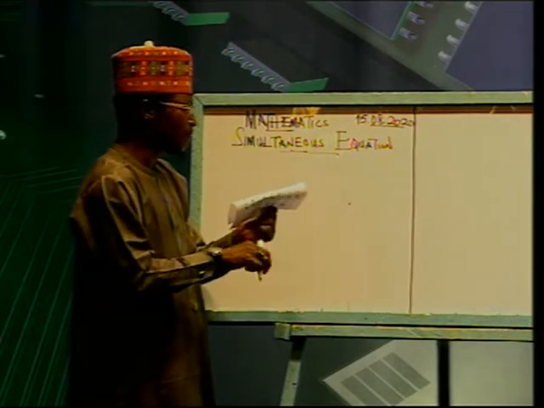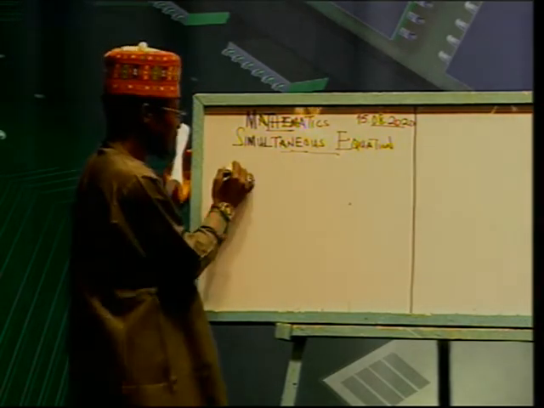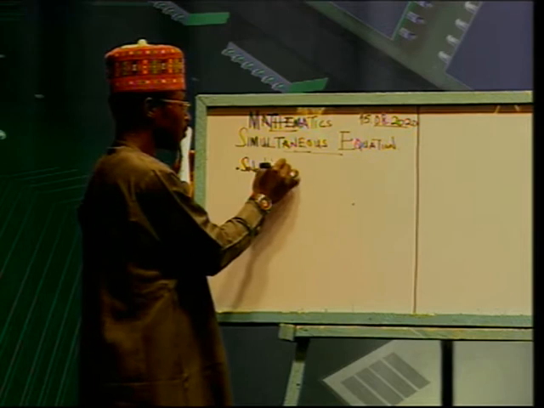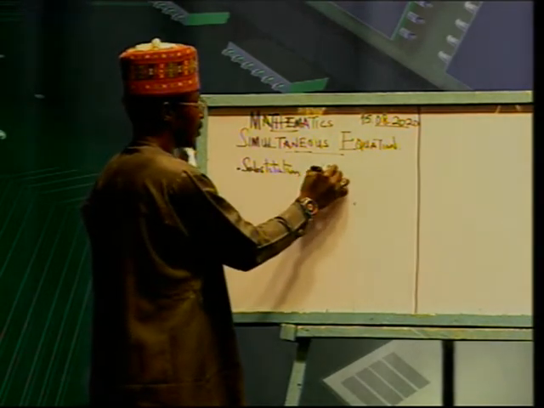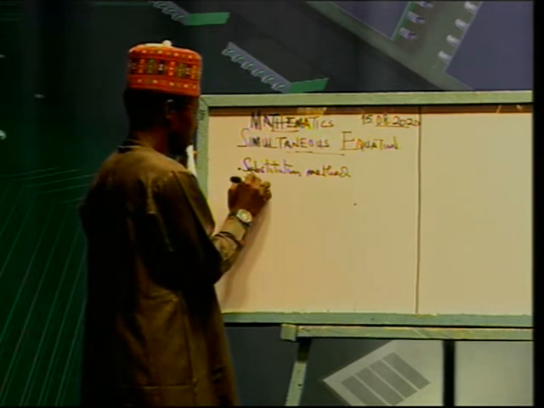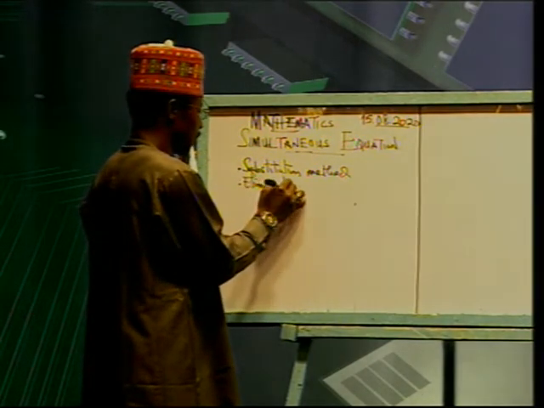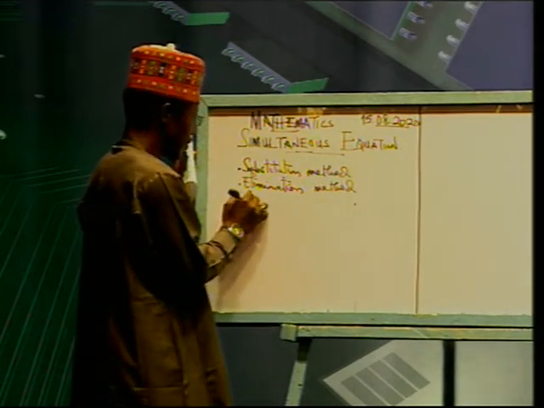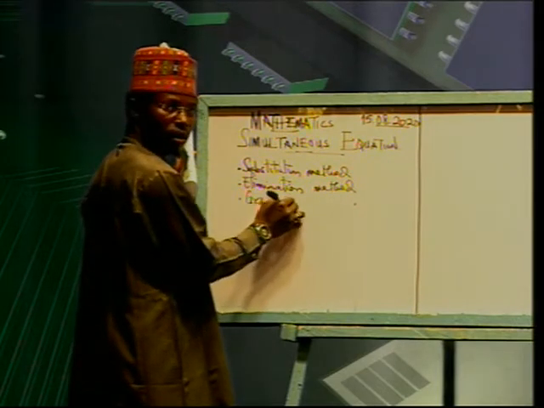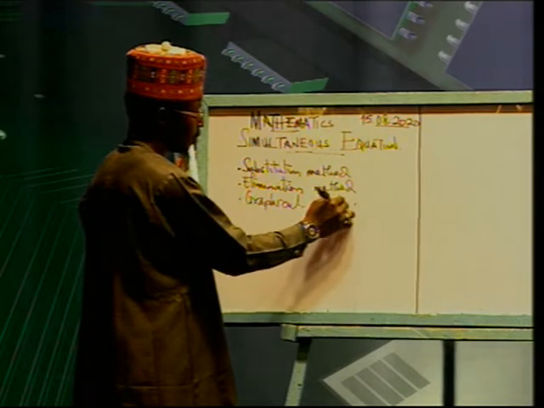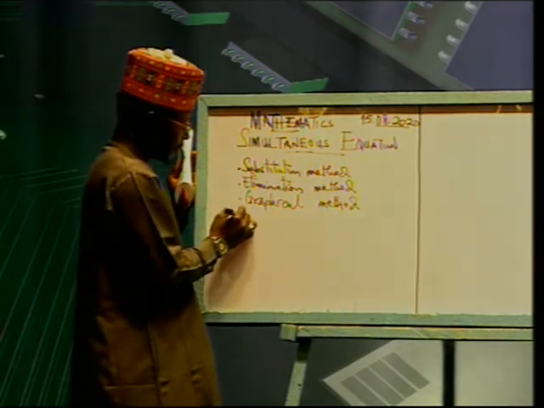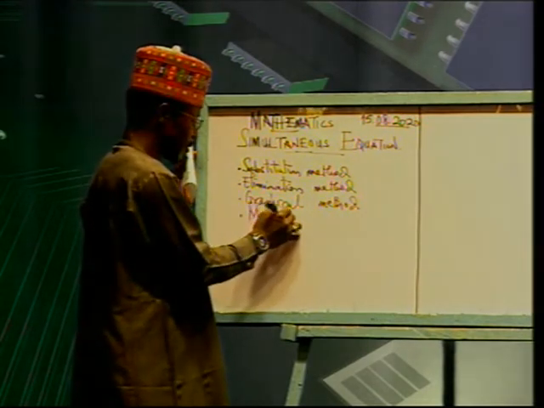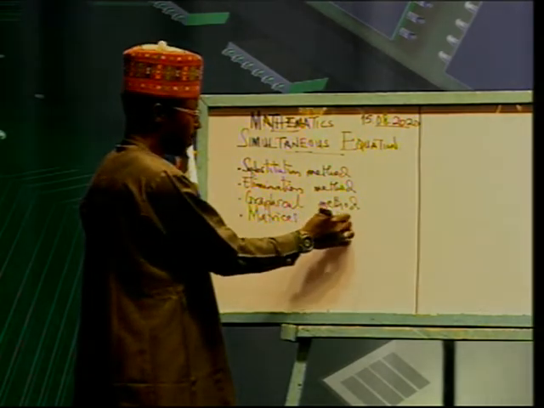Now, having known the different methods we use in solving simultaneous equations: substitution method, elimination method, graphical method, and finally matrices method.